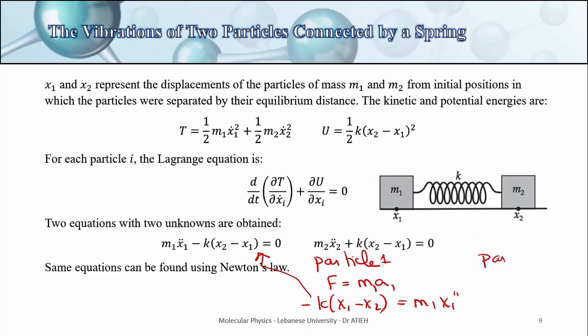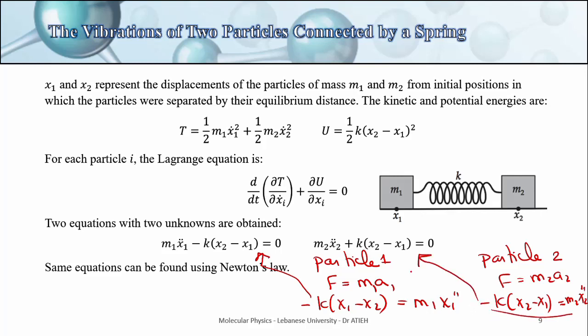For particle 2, the same, F equals m2 a2, but the force here is minus k (x2 minus x1). It's equal to m2 x2 double prime. And this equation here is the same as this equation.